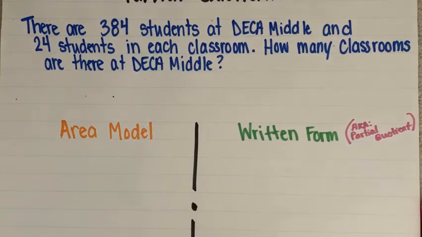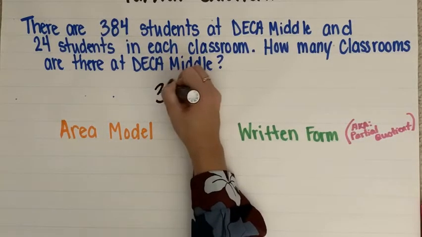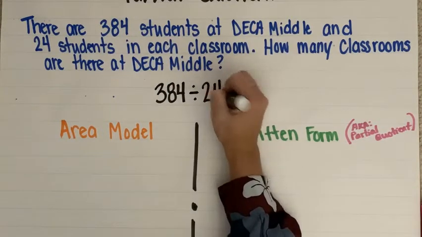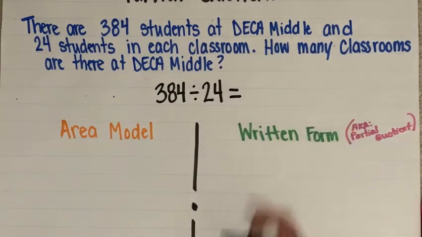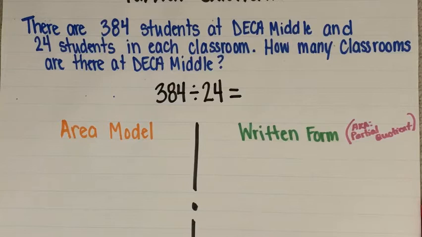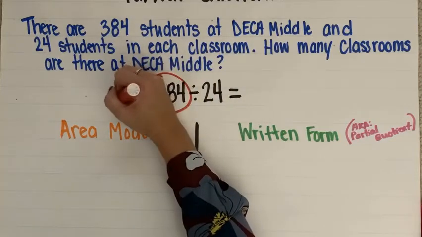So my problem is going to look like 384 divided by 24 is going to equal the quotient. And our quotient is the answer to a division problem. Now, what we do need to know for sure is that this first number is called the dividend.